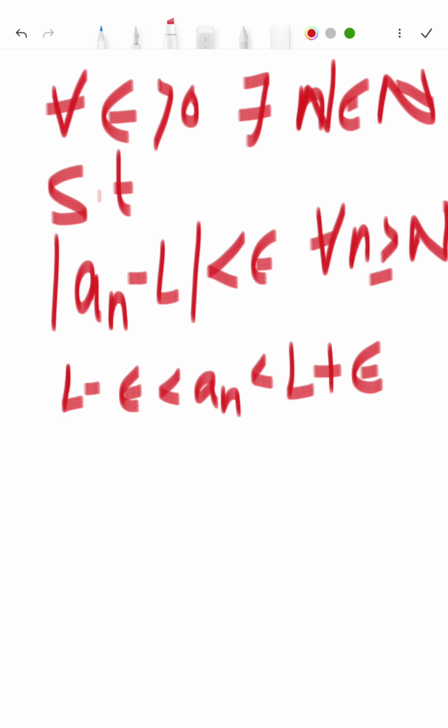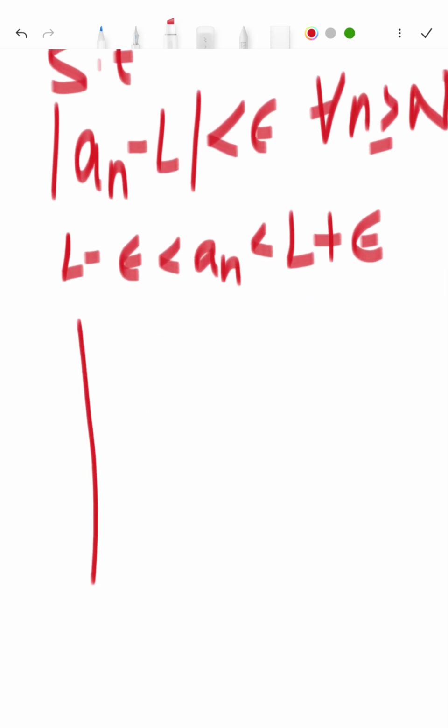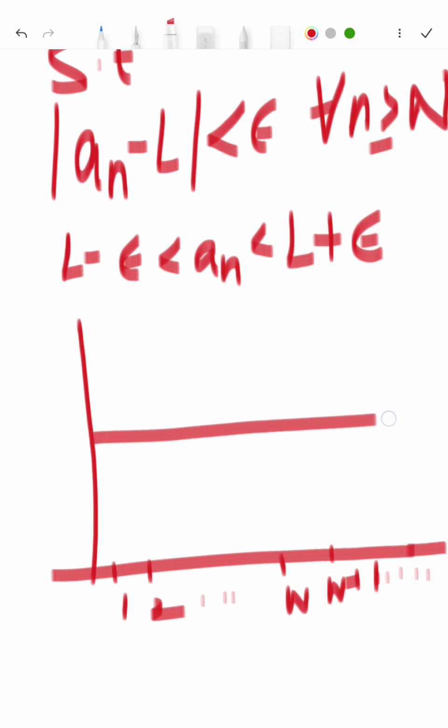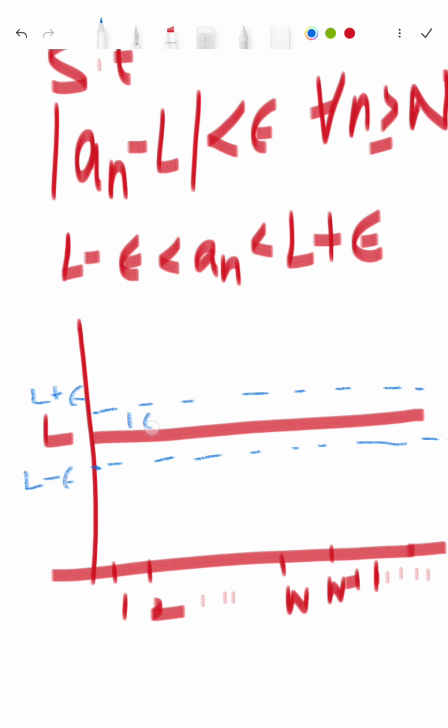Okay. So graphically, if you want to see, this is 1, this is 2, this is N, and this is N plus 1. So if this is the L, for every epsilon, if epsilon is some fixed number, L plus epsilon is this point, and L minus epsilon is this point.